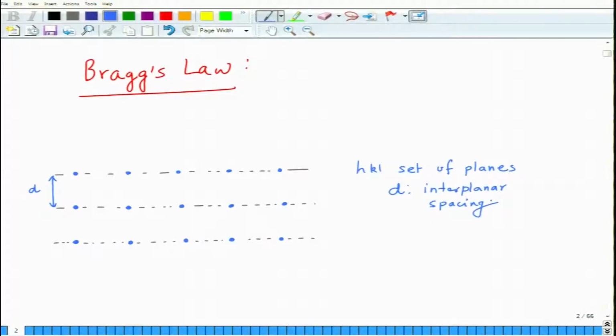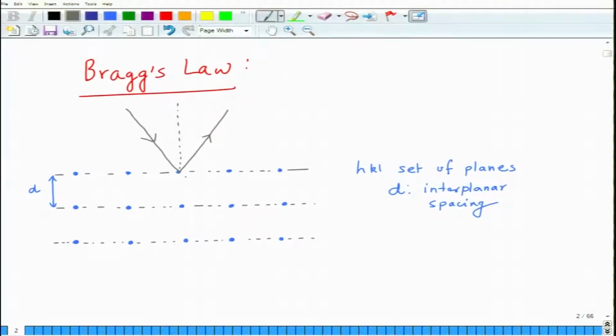So what you have here is an X-ray beam that comes from a certain direction. Let us put it in green. Let me first draw the normal to this. So we have the X-ray beam which comes along this direction, and it gets diffracted in this direction.